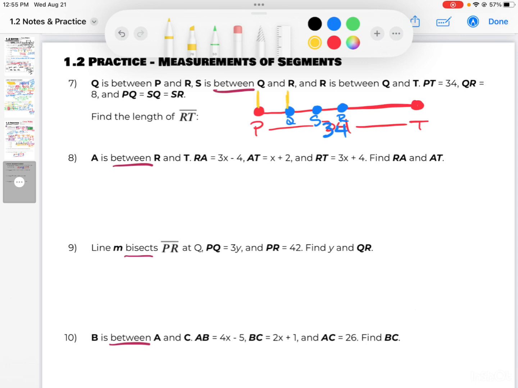I know that P to Q, S to Q, and S to R are all equal. They all equal each other.